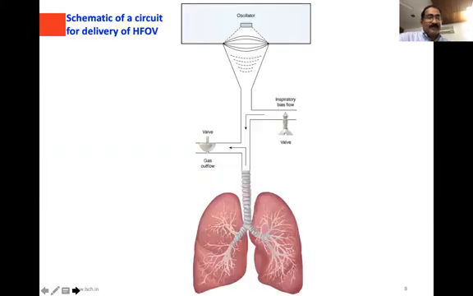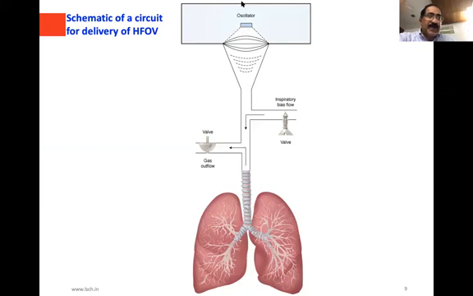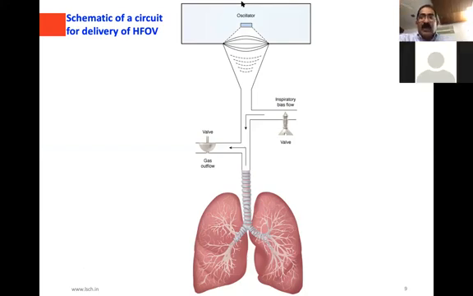Next slide, please. So this is something that I'd like to talk about. It's a schematic of the circuit for delivery of high frequency ventilation. What we need to see is, from the top, you have these quasi-sinusoidal flow oscillations generated by a diaphragm, applied from the airway opening right from the top.